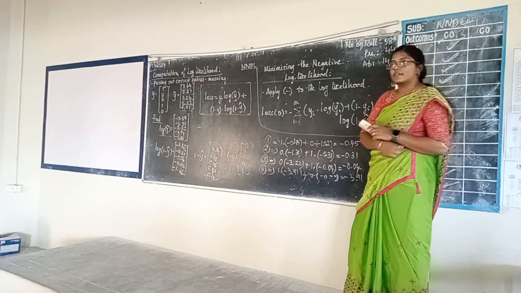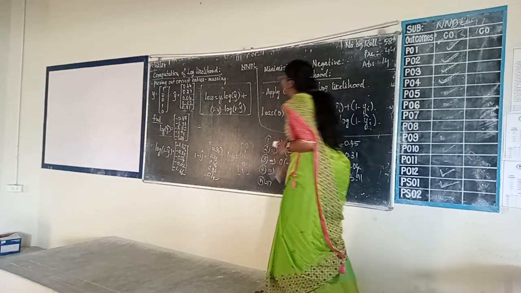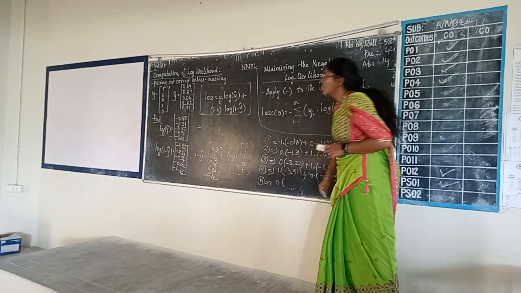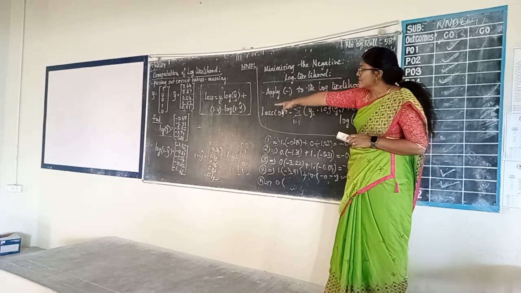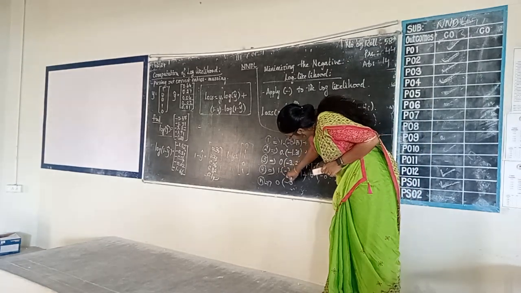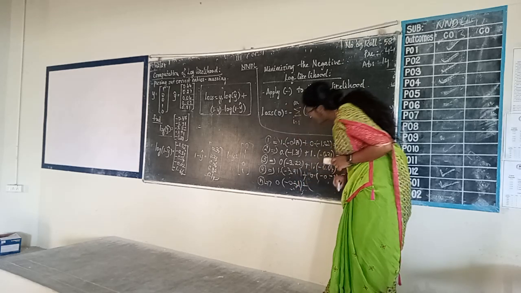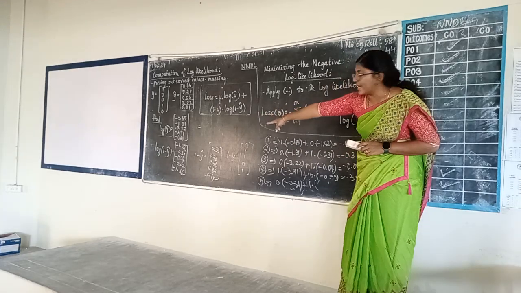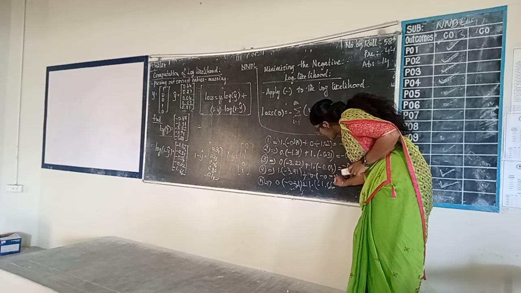So the fifth one: 0 into log of y cap, which is minus 0.21, plus 1 into log of 1 minus y cap, that is minus 1.66.